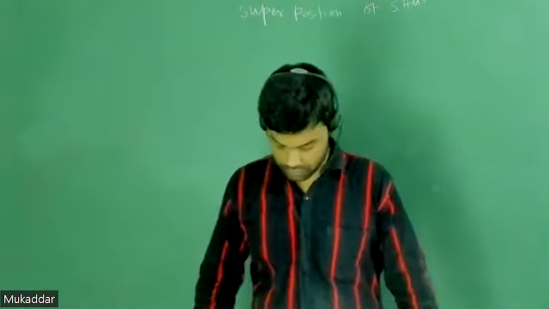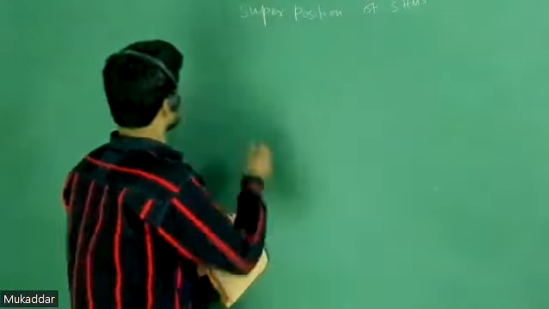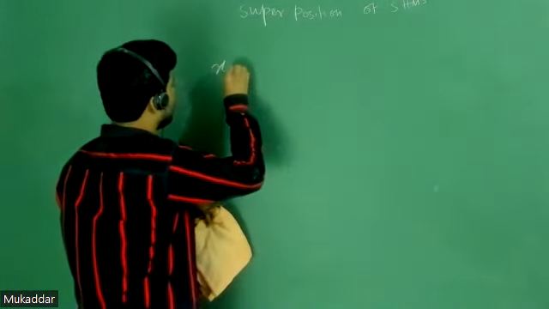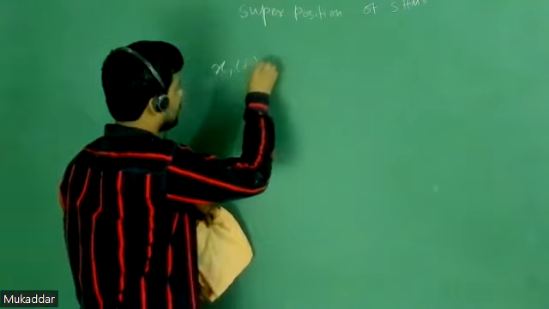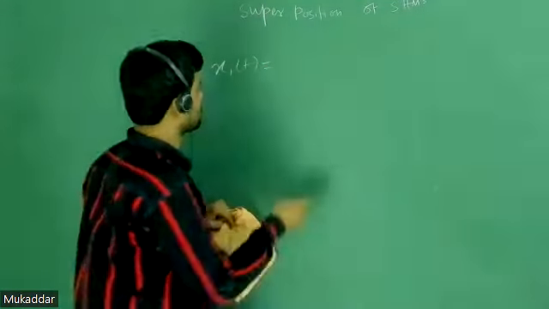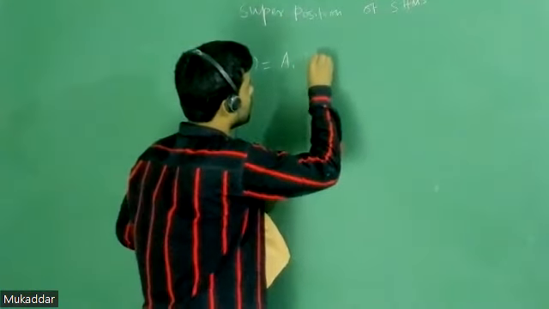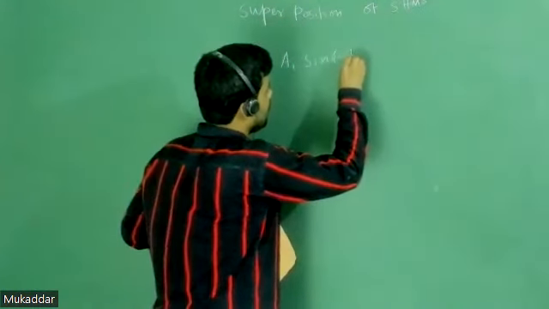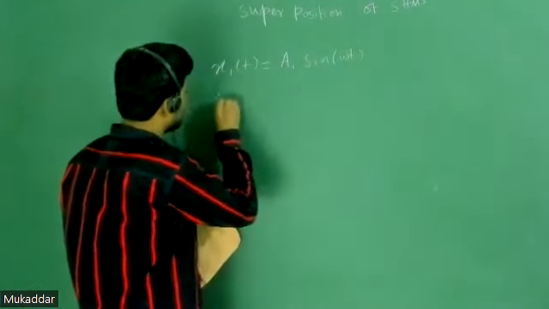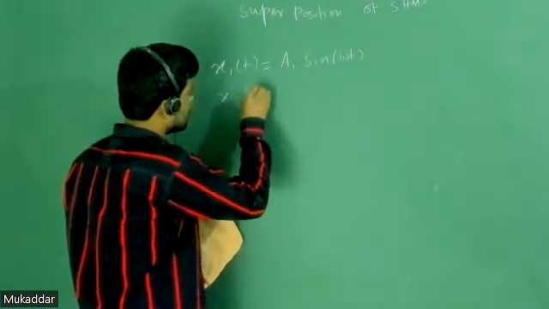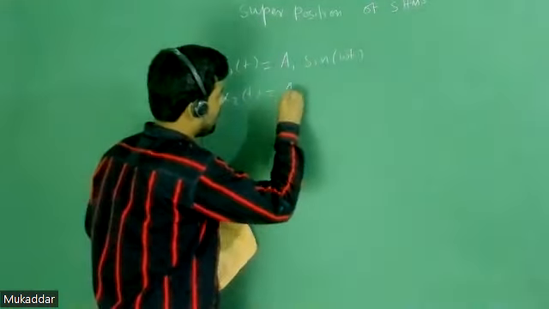When you have two oscillators along the x-axis, their equation is represented like x1(t) equals some A1 sine of omega t, and you have another simple harmonic motion along the same direction, but the amplitude is different.